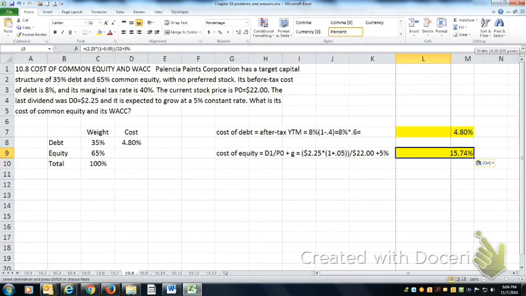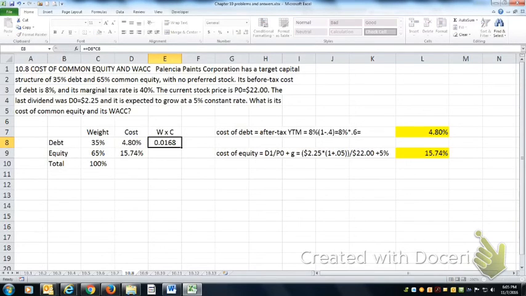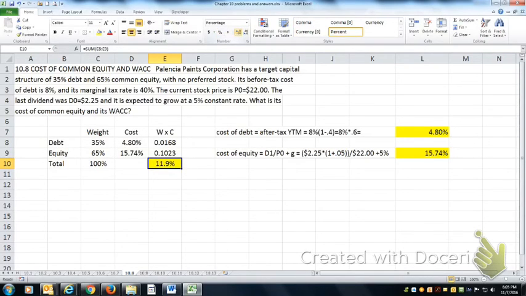That comes out at 15.74%. Add that over here. The weight times cost, and add those two numbers together, and that's the weighted average cost of capital.